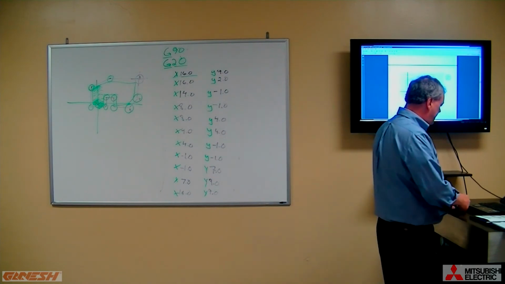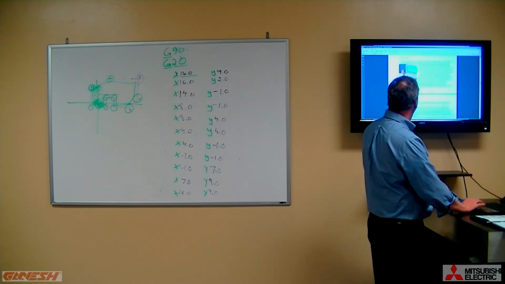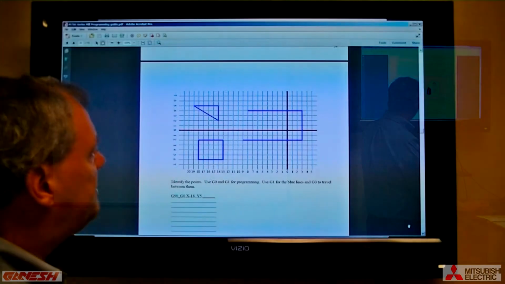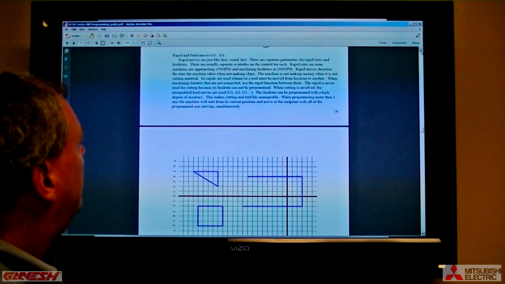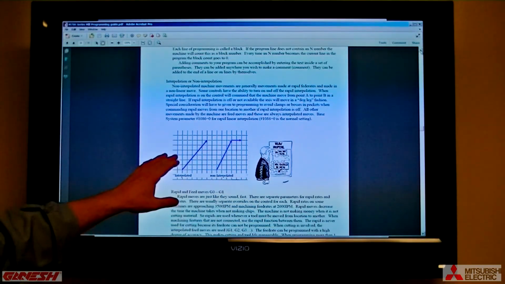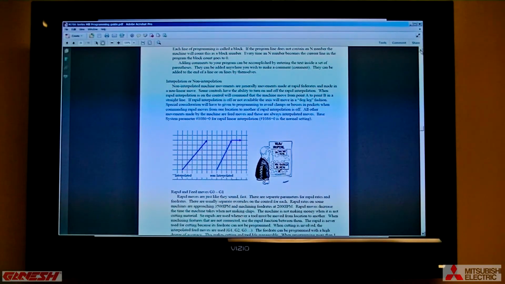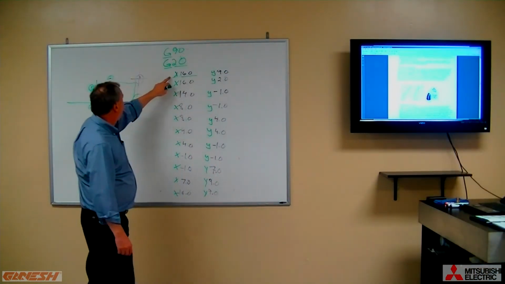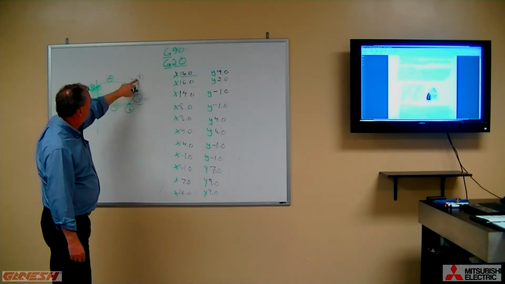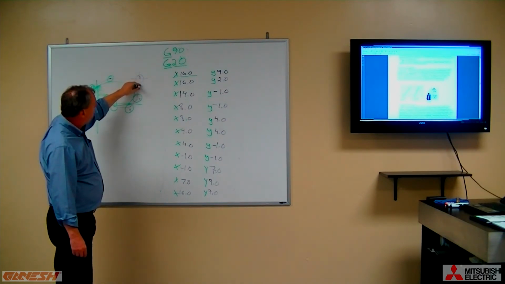If you look up here now, I have a little example of the two kinds of feed rates that we use, or ways of expressing how we want to move the axes. So we have what's called interpolation. In other words, when we're going from point 1 to point 2, we're actually in material.